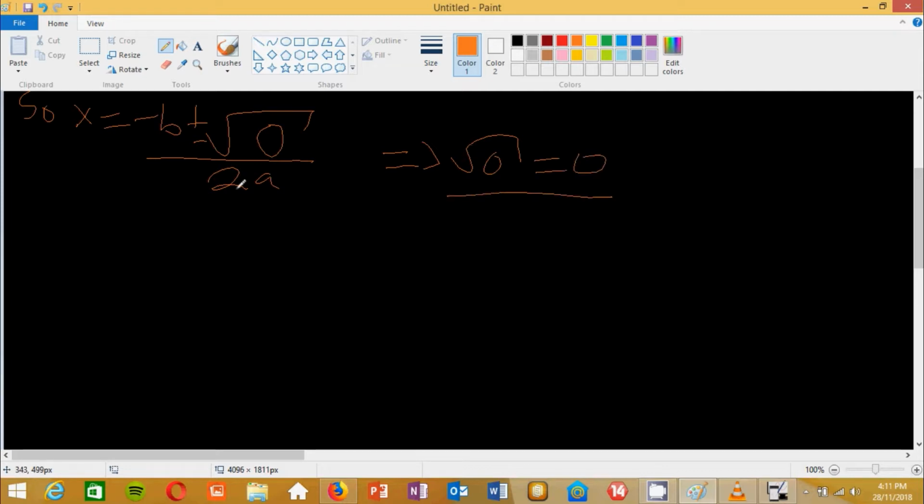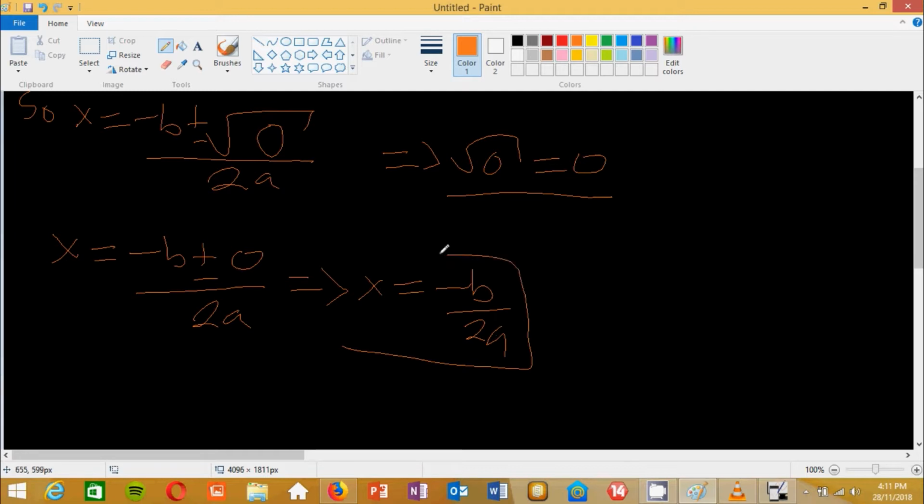So x is equal to negative b plus or minus 0 over 2a, which would imply that x is equal to negative b over 2a. So this is what x would be.